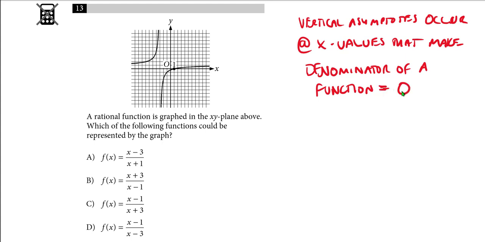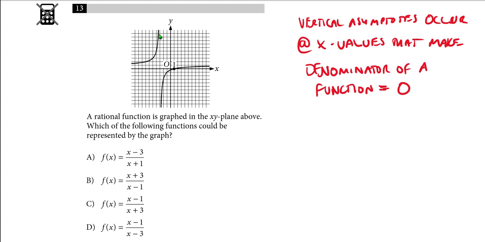When the denominator of a function equals 0, the function is undefined, and the value of x that produces that 0 in the denominator, the value of x that produces the undefined function, that value of x cannot be part of the domain of the function, and what you will end up seeing visually on a graph is you will end up seeing a vertical asymptote.